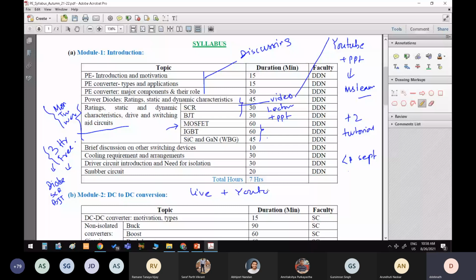And you see most of these topics, more or less we have covered. So some topics are covered in recorded lectures, some topics like this switching device discussion, I took a much more detailed view on so that it helps you to take a decision on the later part. This mostly we did in live interaction mode. And some of these things are already recorded. So you have to go through it.